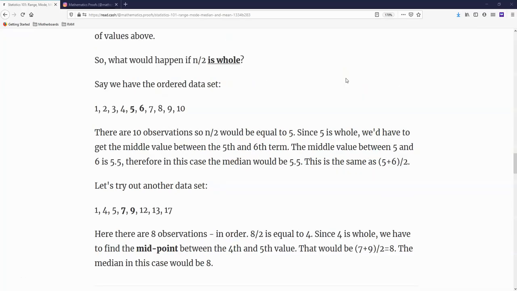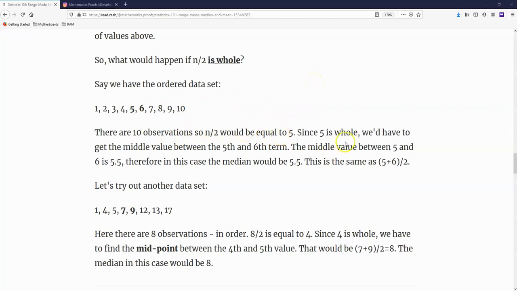Okay, now what happens if n over 2 is whole? Say we have the ordered data set 1, 2, 3, 4, 5, 6, 7, 8, 9, 10. There are 10 observations, so n over 2 would be equal to 5.